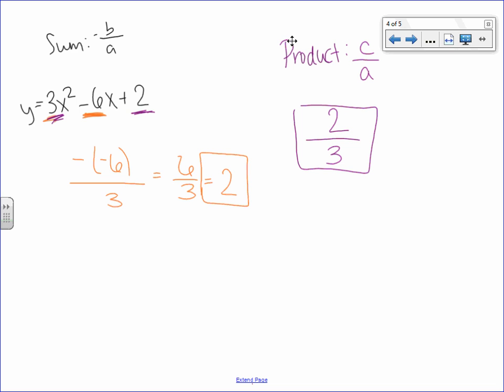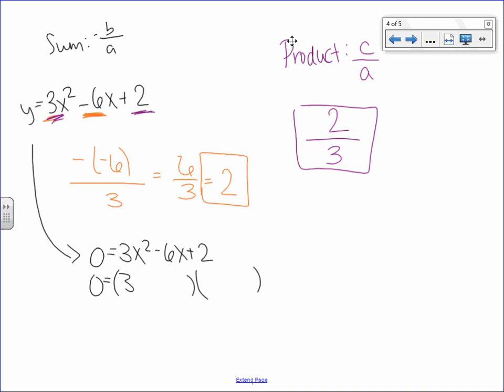Okay, and actually, if we go through and find the roots of this quadratic, 0 equals 3x squared minus 6x plus 2, we can see if this factors. And I don't think it does. But the foolproof way, let's do the quadratic formula.